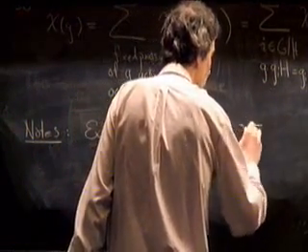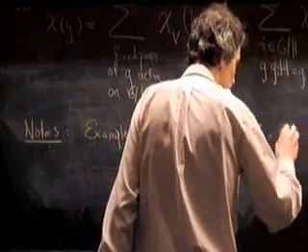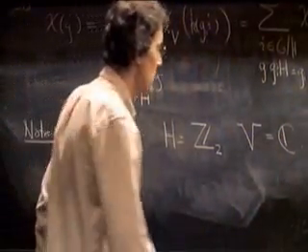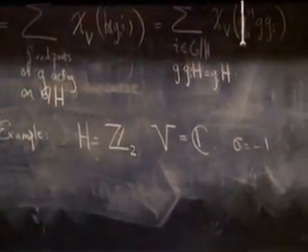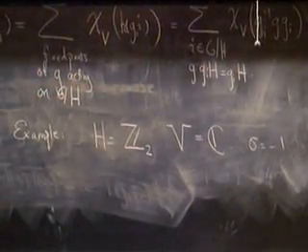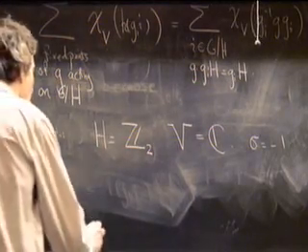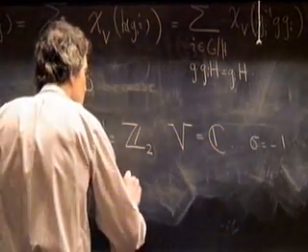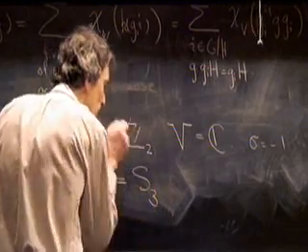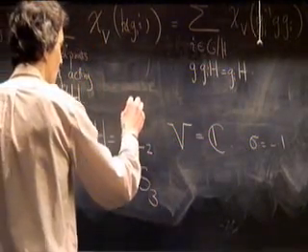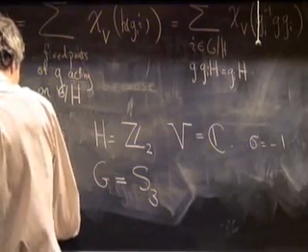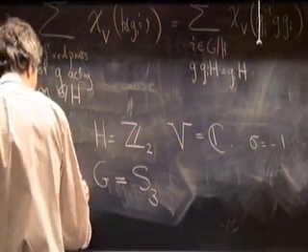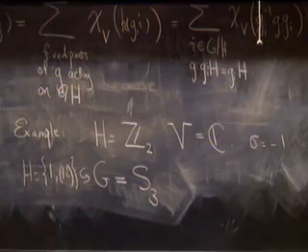I take V to be just the one-dimensional representation where sigma is minus 1, the non-trivial representation of Z2. And then I take G to be the permutation group on 3 letters, so we could think of H inside G as a subgroup of permutations of 1 and 2.